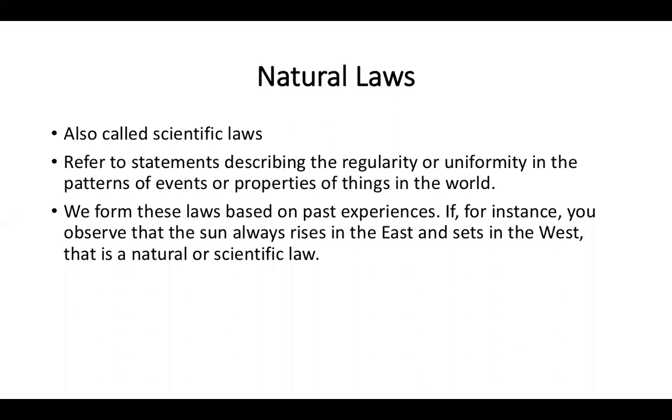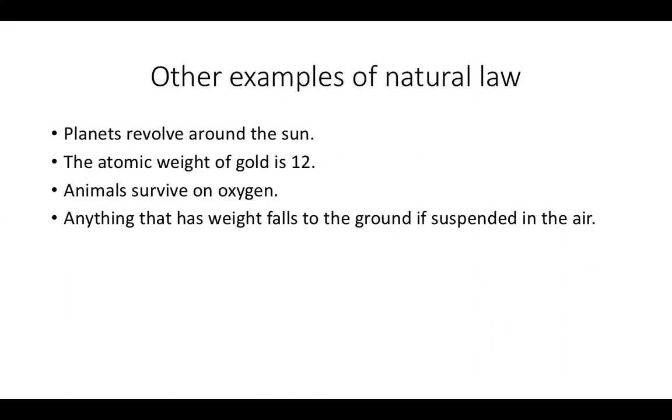Other examples of scientific laws: planets revolve around the sun, the atomic weight of gold is 12, animals survive on oxygen, anything that has weight falls to the ground if suspended in the air. So these are all natural or scientific laws. They are the kind of things that natural scientists study in the basic and applied sciences, and even the health sciences.